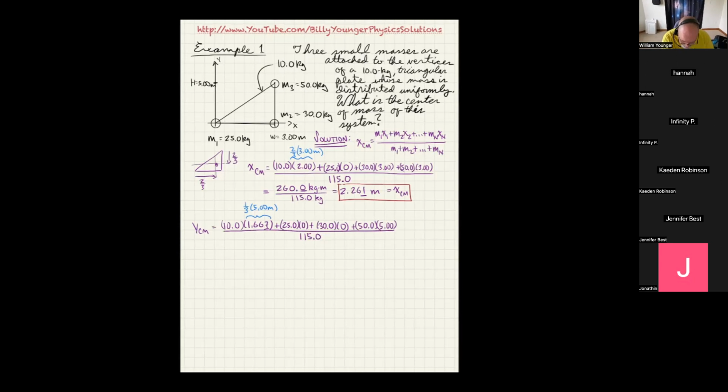Now, again, before I estimate this answer, I've got a lot of things pulling it towards being around the 1.667 as the center of mass for the y coordinate, because I've got a 25 kilogram mass and a 30 kilogram mass. And I got the 10 that lines up right there as well. And the 25 and the 30 would tend to make it even closer than 1.667 meters up from the x-axis.